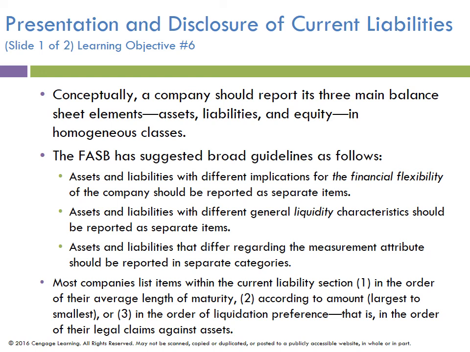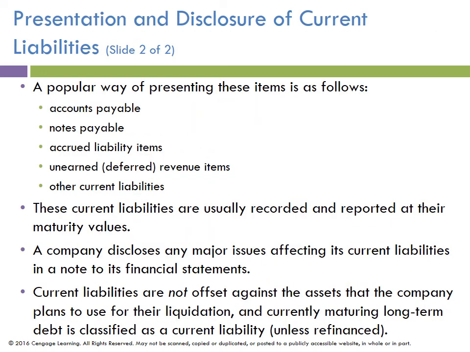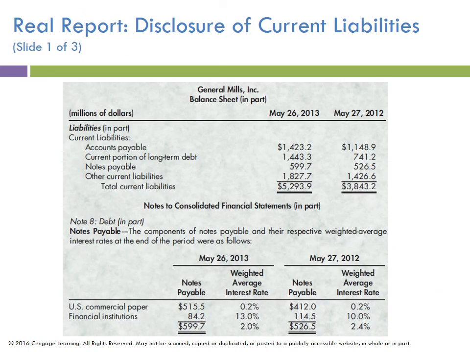It's pretty self-explanatory, and you could post any questions you may have on the discussion board. And there's a disclosure for General Mills for their current liabilities and long-term liabilities.